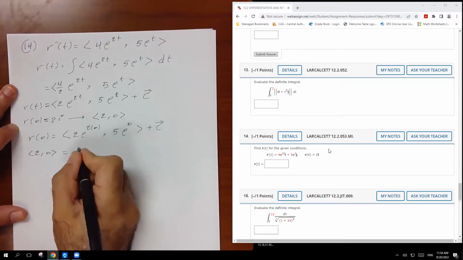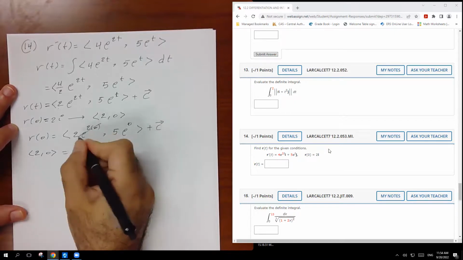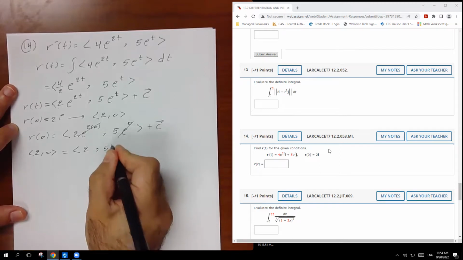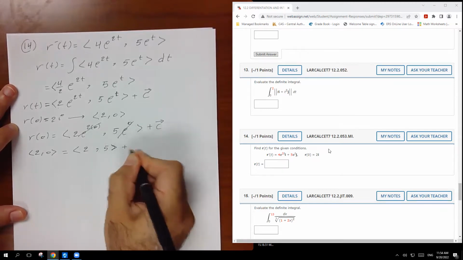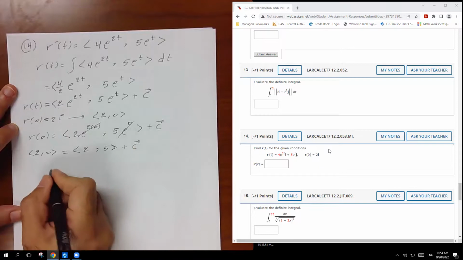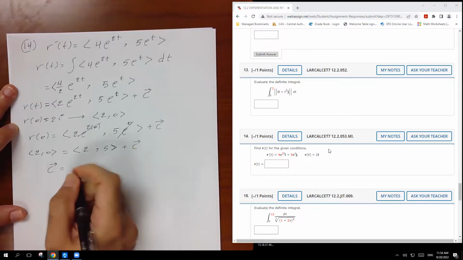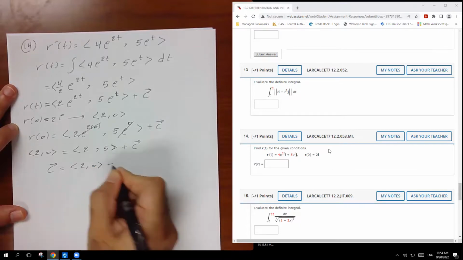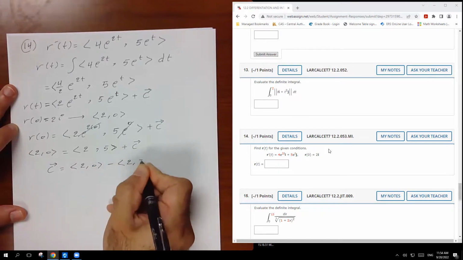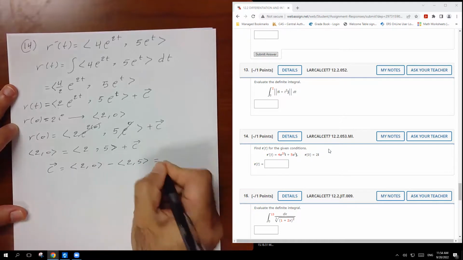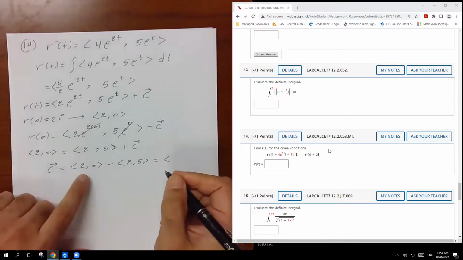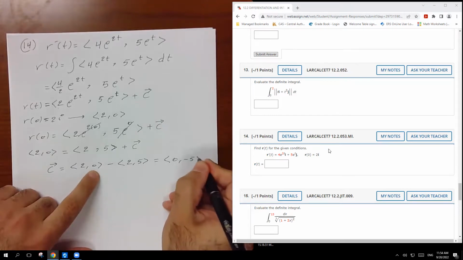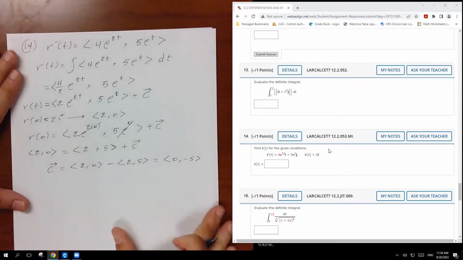This is 1 and this is 1, so it's going to be 2 and 5 plus the vector c. That means the vector c is going to be 2, 0 minus 2, 5, which is 2 minus 2, which is 0, and 0 minus 5, which is negative 5. So here is the value of the vector c.